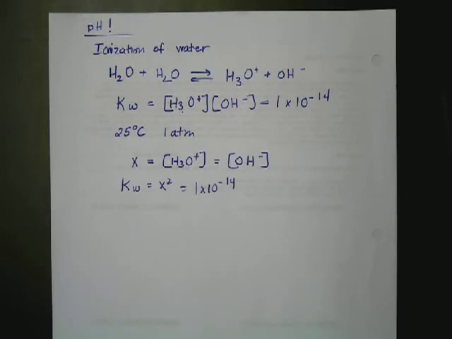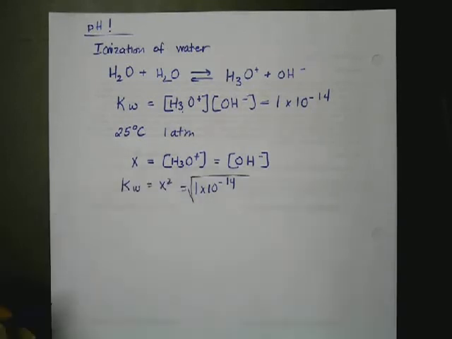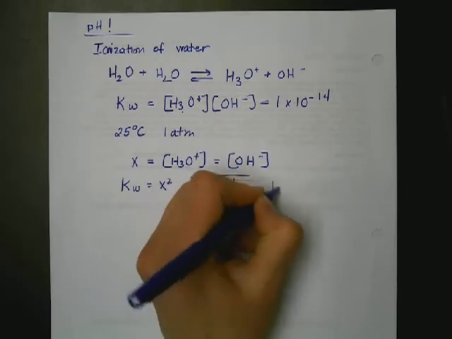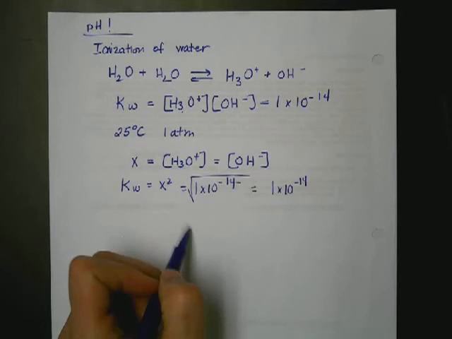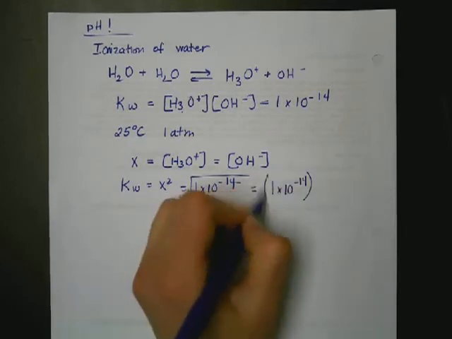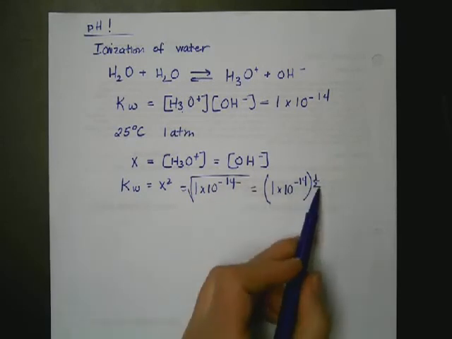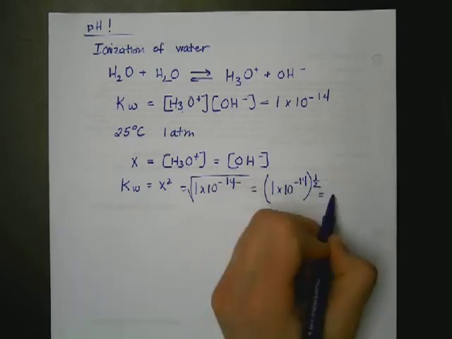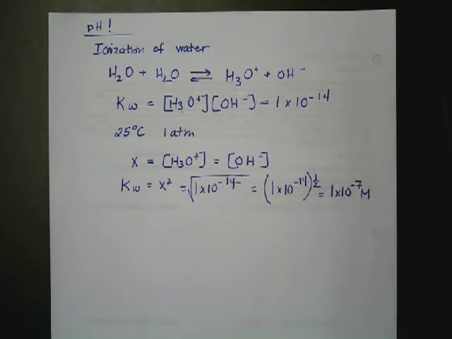And what is the square root of 1 times 10 to the minus 14? You remember what the fraction is for an exponent when you take a square root? 1/2, that's right. So this is 1 times 10 to the minus 14th times 1/2, and 14 times 1/2 is 7. So in water, the concentration of hydrogen ion is 1 times 10 to the minus 7th.